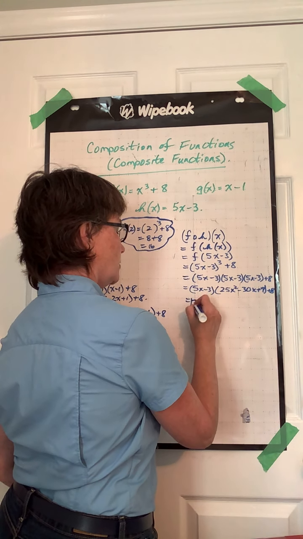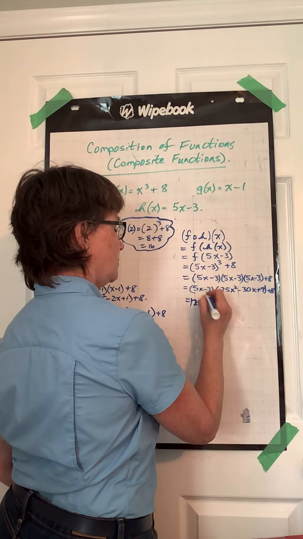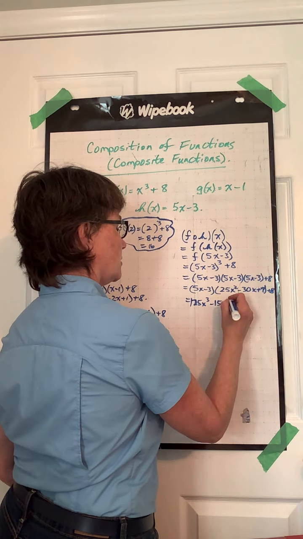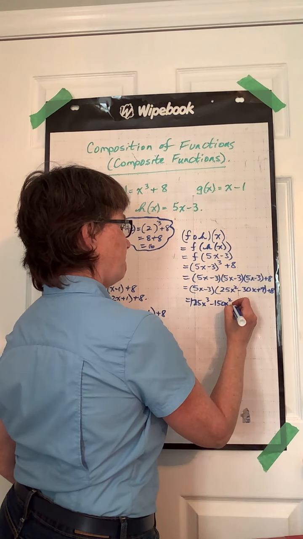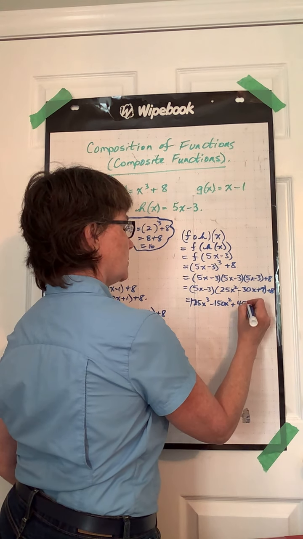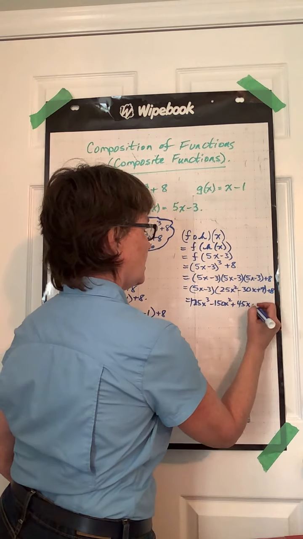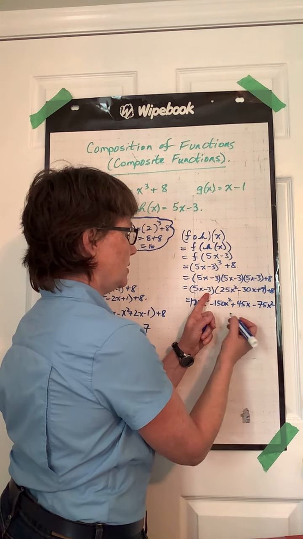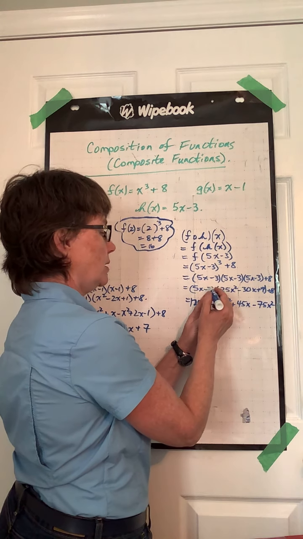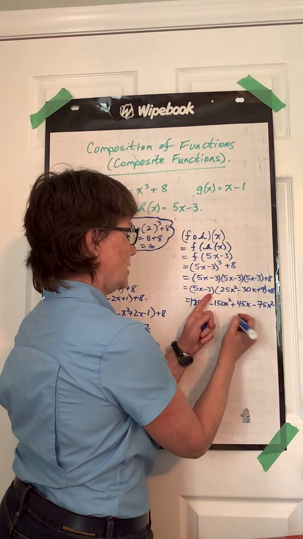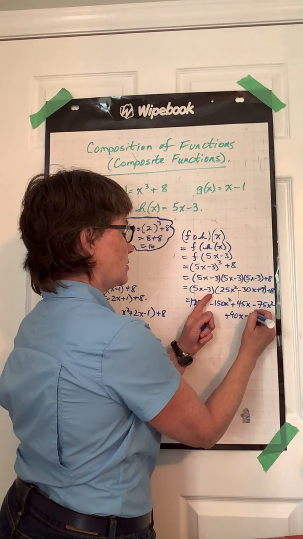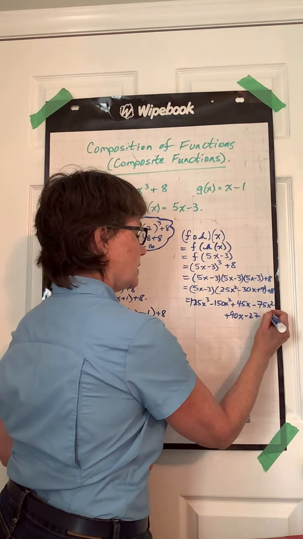So 125x cubed minus 150x squared plus 45x. I'm going to run out of space here, sorry. Minus 75x squared. I'm going to continue down on this line. That's not good notation, but negative 3 times negative 30x plus 90x, subtract 27, and then the plus 8 at the end.